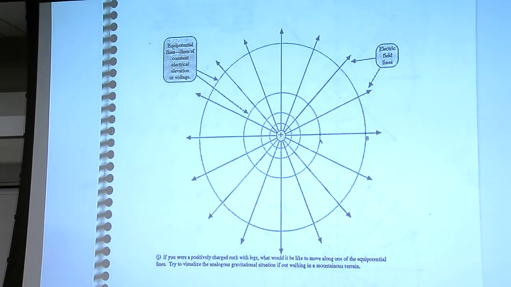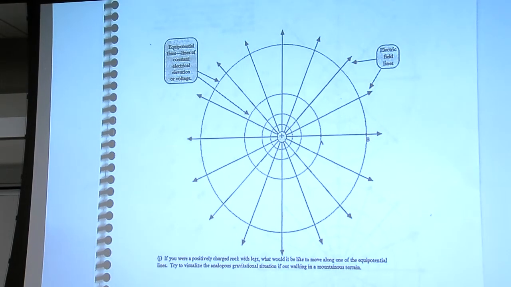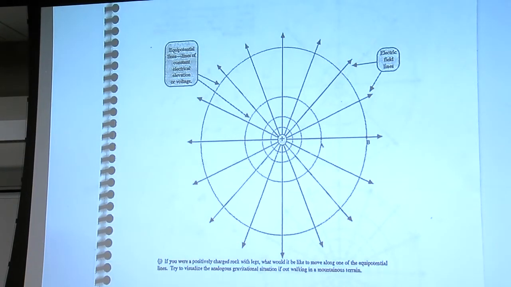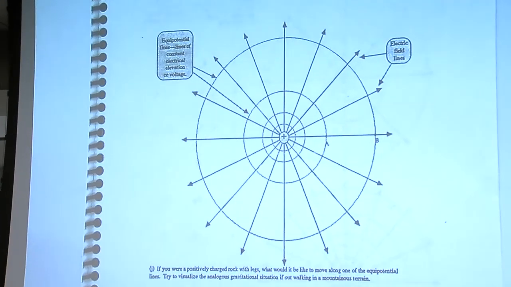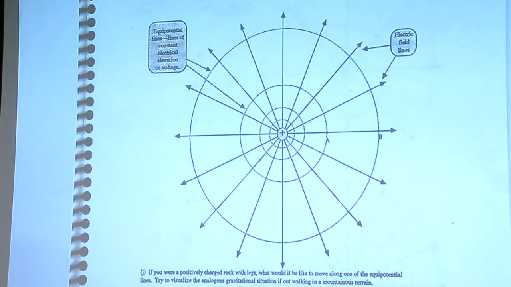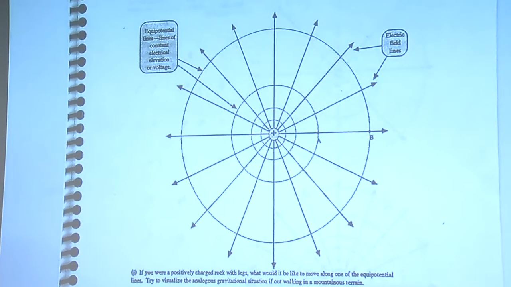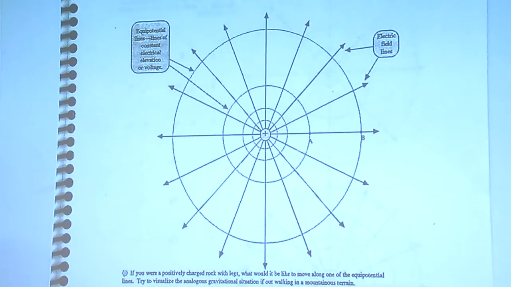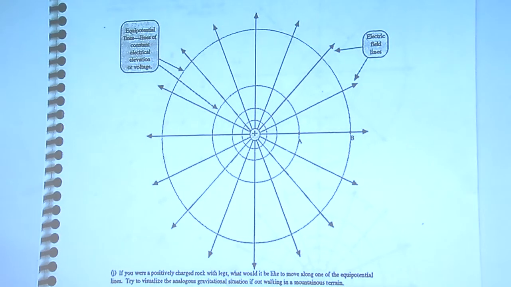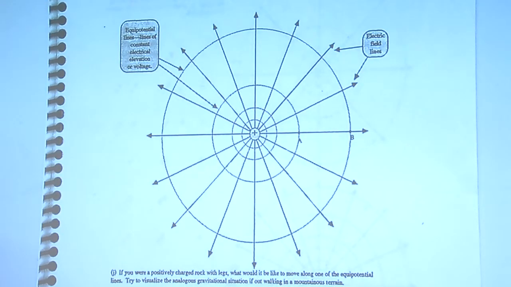Equipotential lines, a line of constant electrical elevation or voltage. So if you walk around that line, you never leave that line, you are always at the same potential. And no work is done in moving along that line. It doesn't take any work to move along an equipotential line.